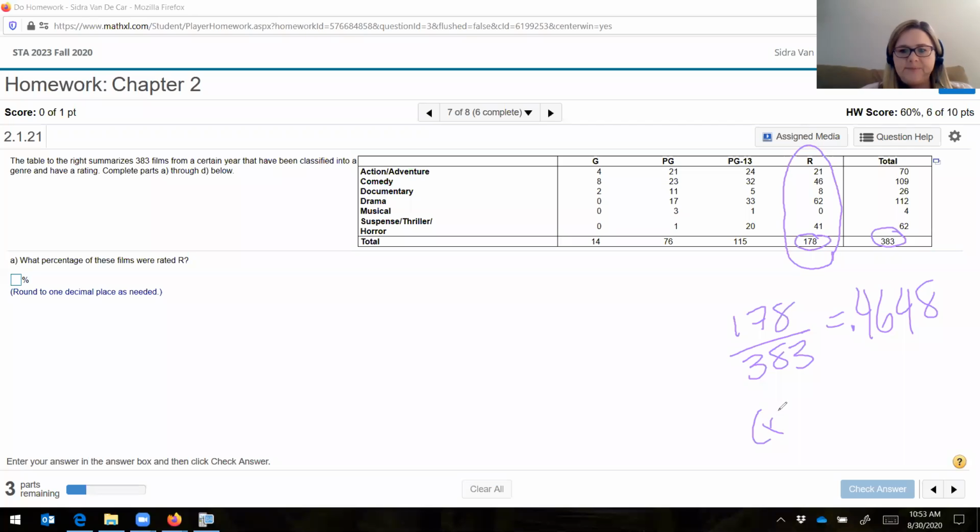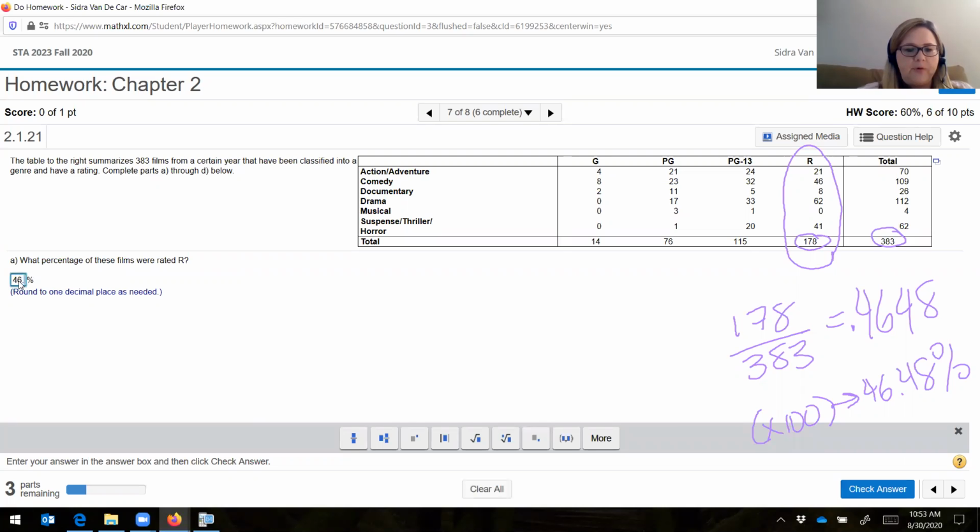So now if I times by 100, that'd be 46.48%. So we want it to 1 decimal place. So I'm going to round this up since that's 5 or bigger. Okay, so 46.5%.